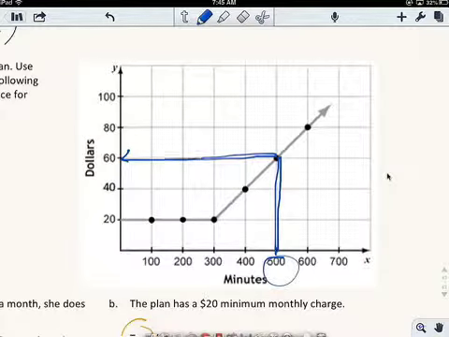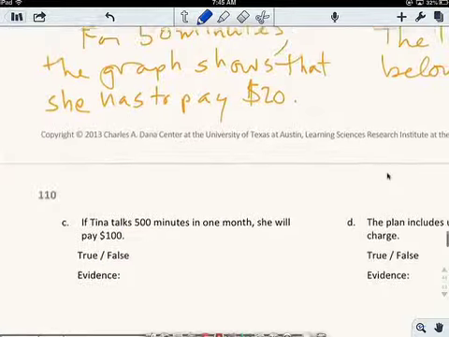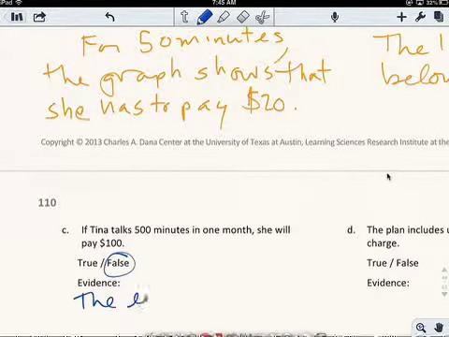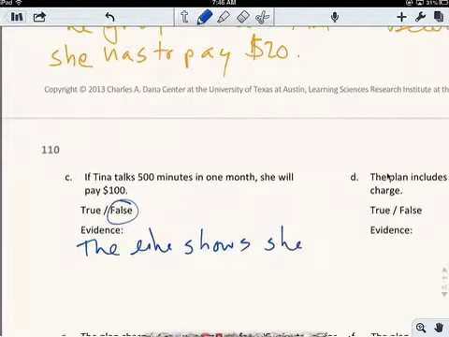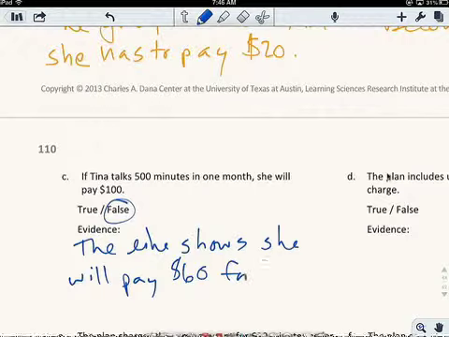Then I go left over to find the number of dollars, and it looks like 60. And so I'm going to say that it's false. The line shows she will pay $60 for 500 minutes.